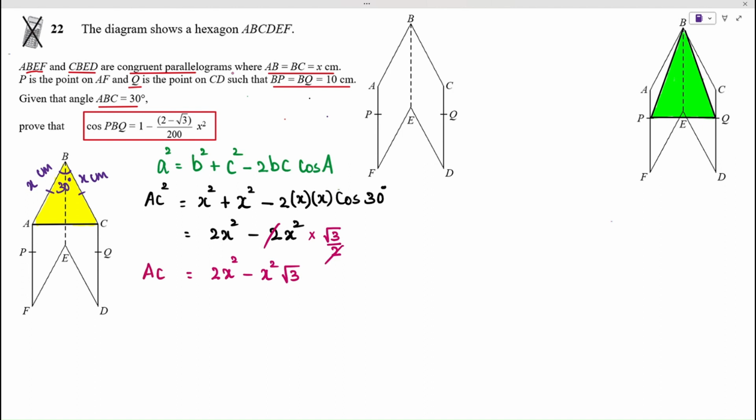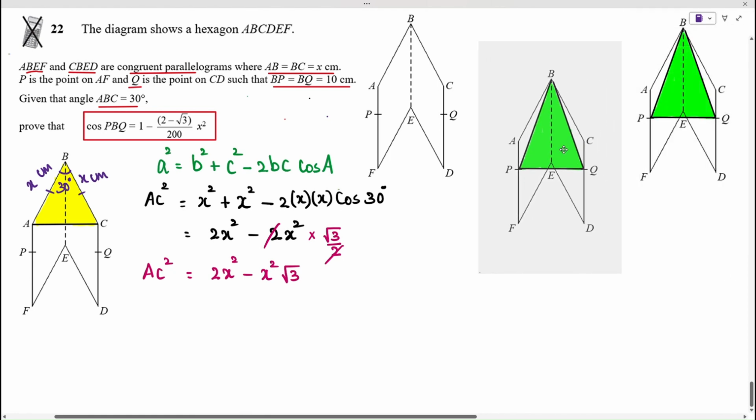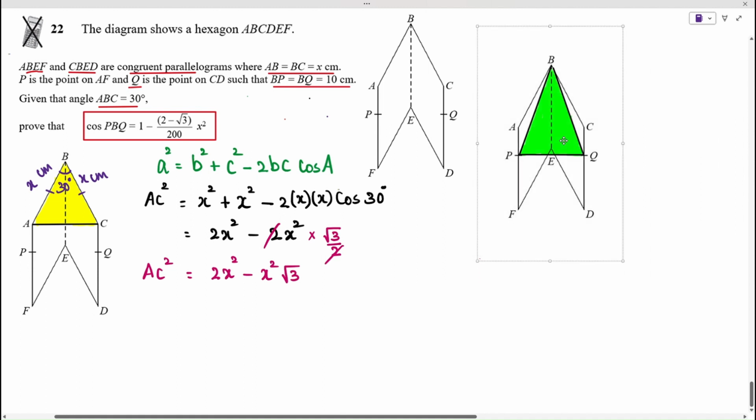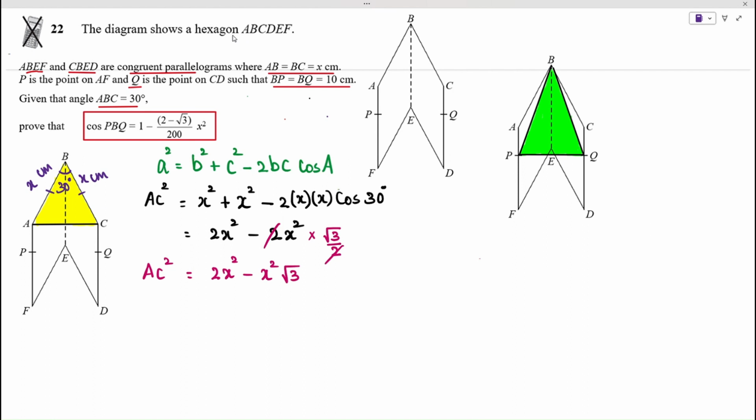Now, for our second triangle here, our second triangle PBQ, we are going to try and show that cos of PBQ is equal to what's given in the question.